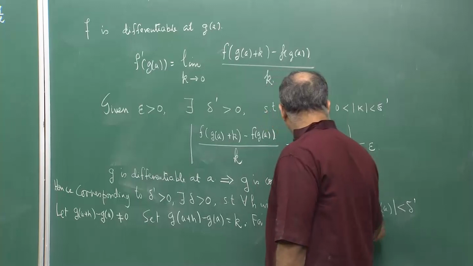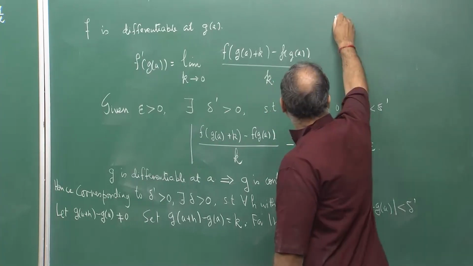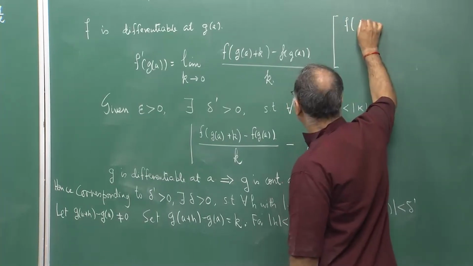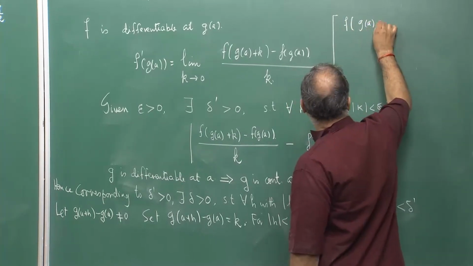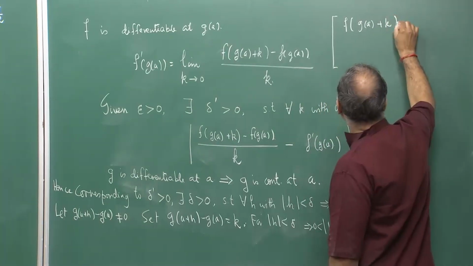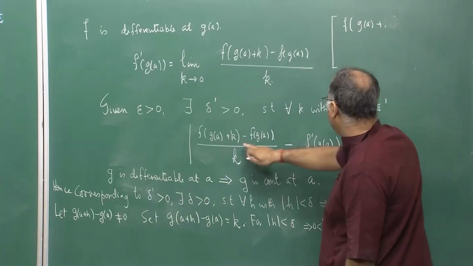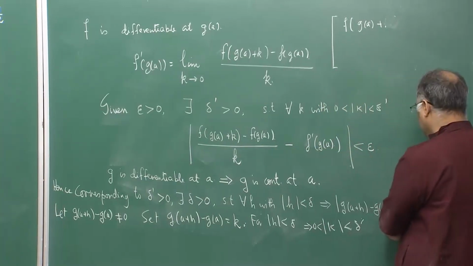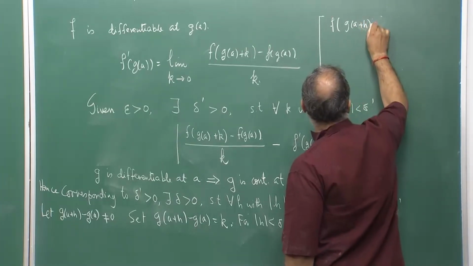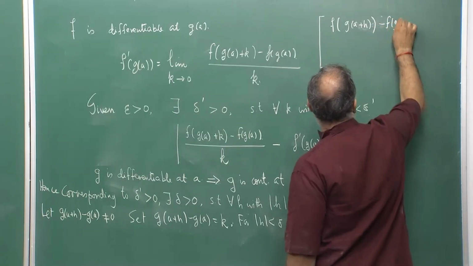So g(a+h) - g(a) is one of these k's. So if I replace that k, so f(g(a)+k), that is, if I write k as g(a+h) - g(a), I will simply have f(g(a+h)) - f(g(a)).